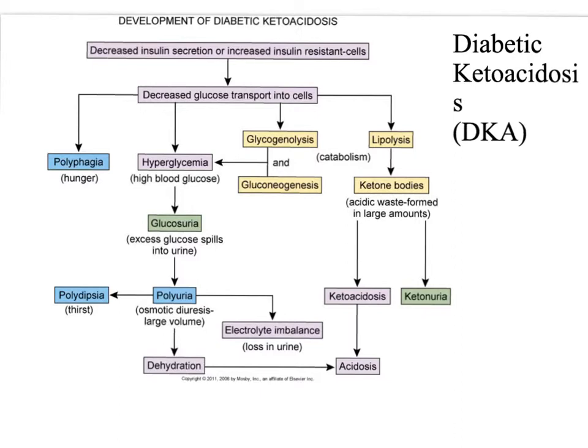The trouble is when you're using free fatty acids for fuel, when they start to break down in the body, they form free radicals and create oxidative stress. And oxidative stress, with the production of ketones, which are one of the byproducts of fat metabolism, causes an acidic state within the body.